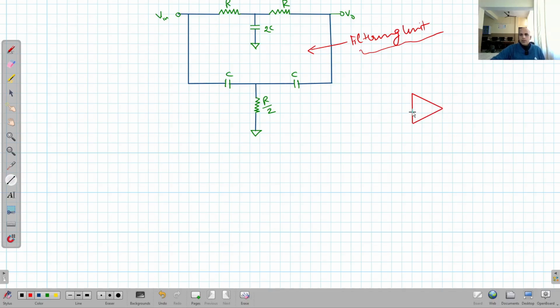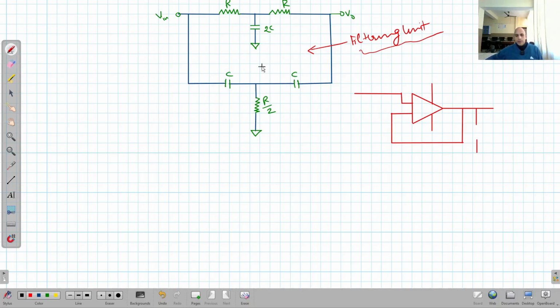So this is the operational amplifier. Now I'm going to put the values of the different resistors and all other components.